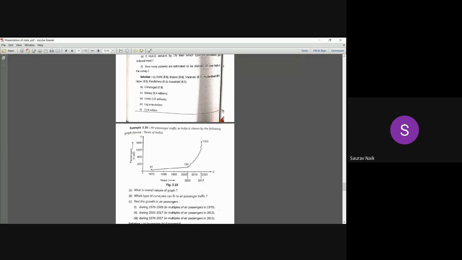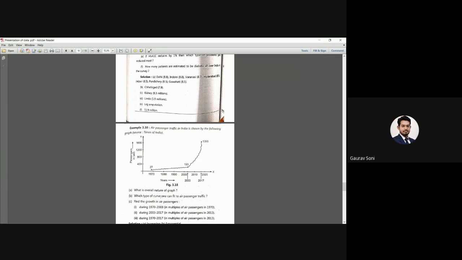We need to look at these two years, 1970 and 2003, and take the difference. If it is a percent growth, then divide the difference by 27 and multiply by 100.